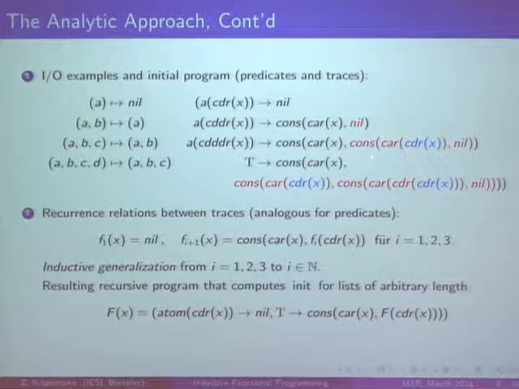So for instance, this cons car cdr of x nil is just this previous trace with x substituted by cdr x. And this is a recurrent pattern between all these remaining traces. So we have this recurrence relation, and then we just inductively generalize it from i equals 1 to 3 to all i element of the natural numbers, so i can be any natural number. And then now we have generalized this recurrence relation and can re-express it as a recursive function definition.